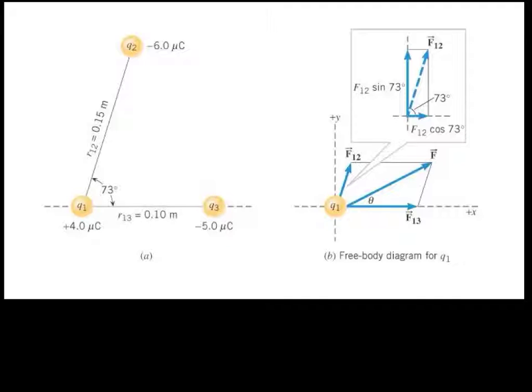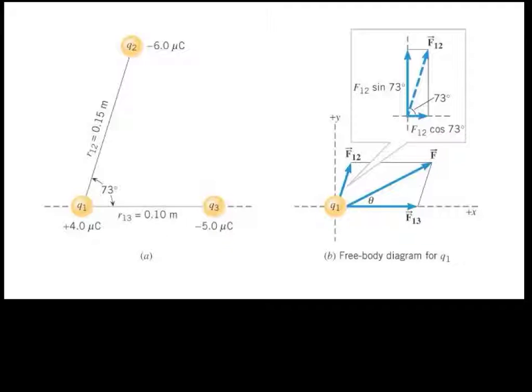Now, in doing that, the very first thing I would do is draw the free body diagram for Q1. Notice that Q1 is being pulled to the right on the positive x-axis, but it's also being pulled upward to the northeast, at about 73 degrees. The force exerted on Q1 by Q2 is an attractive force because these two charges have opposite signs, and it points along the line between the two charges.